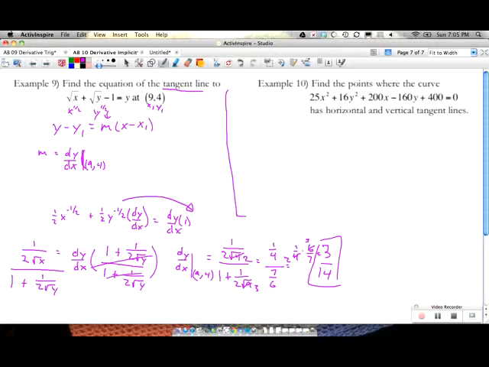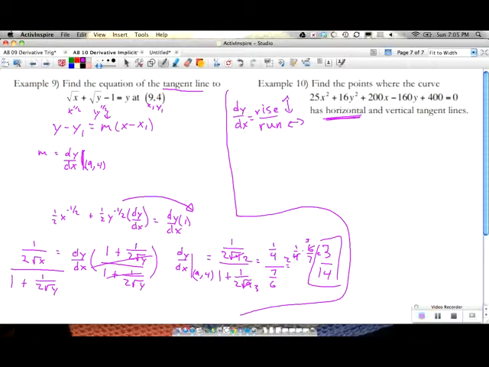Okay, this last one, probably the biggest one of the day. A couple of notes that we want to keep in mind. Horizontal tangent lines. So when we have dy/dx, which is the slope, in other words that's rise over run, or the vertical over the horizontal.